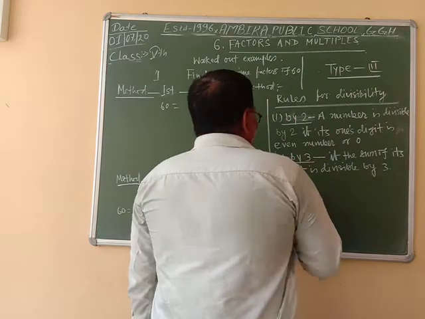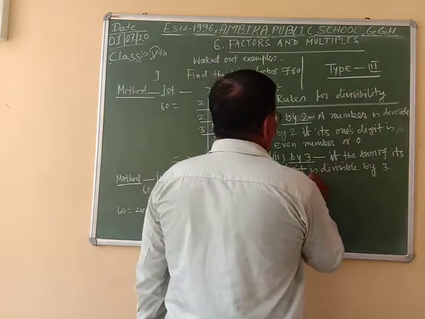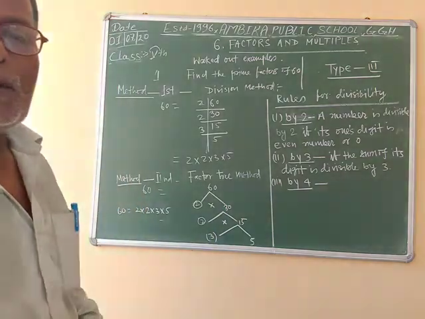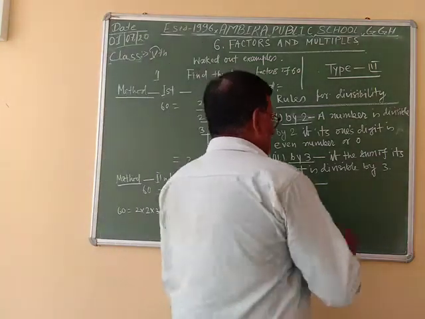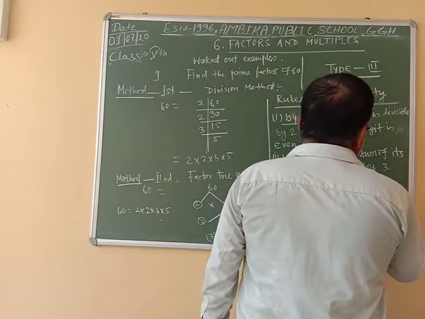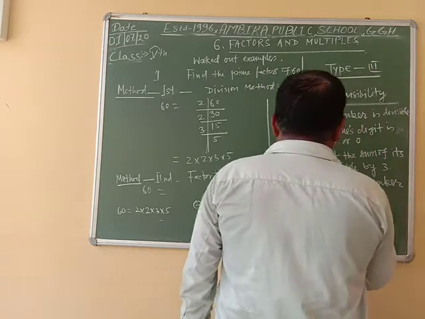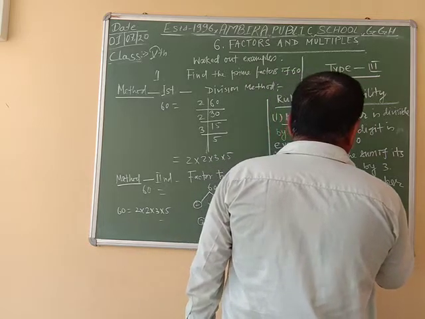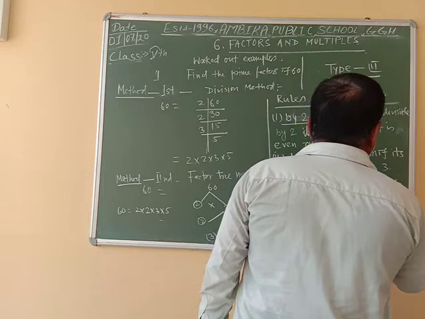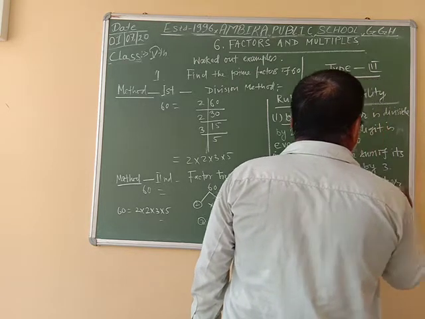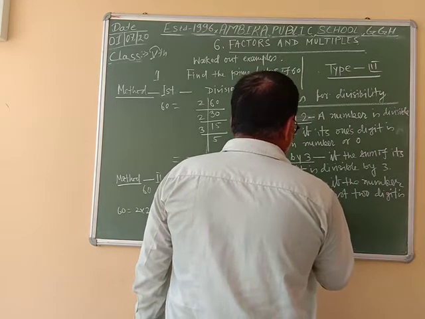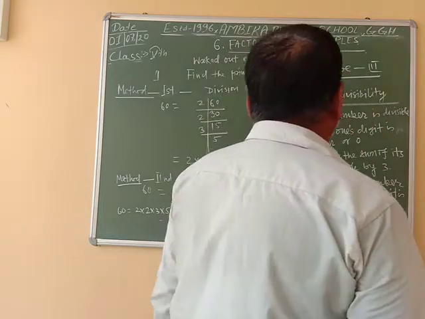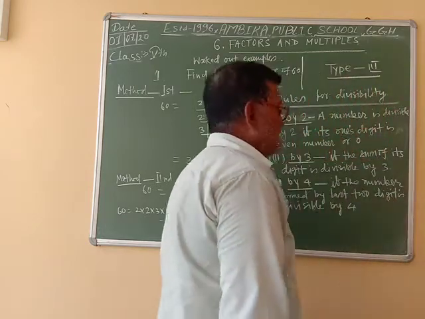Divisibility by 4. If the number formed by its last two digits is divisible by 4, then the whole number is divisible by 4.